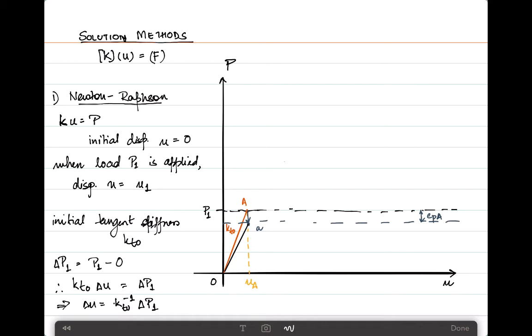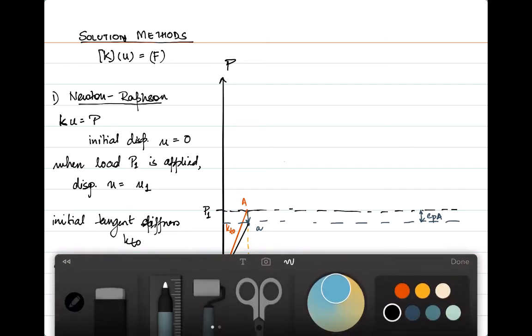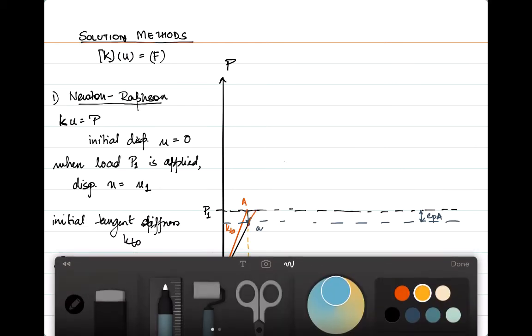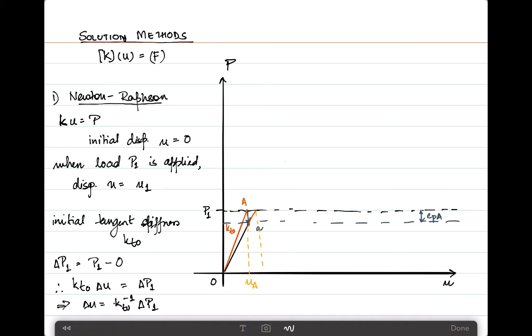So at this point where I've hit point A, I will continue drawing the tangent stiffness from this point, because that's my new tangent stiffness. I will take it up to P1 again, and I will get this new value of U. I'm following the exact same method as before. Now I have UB.